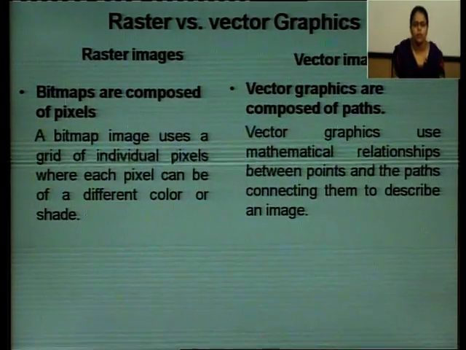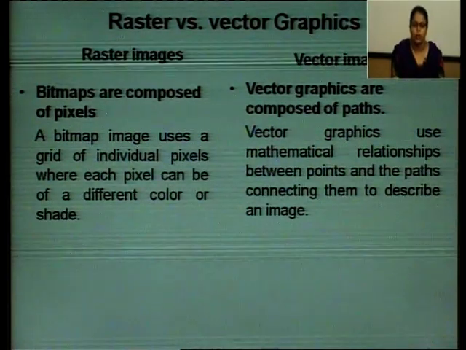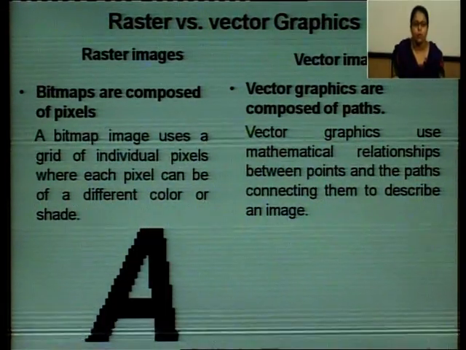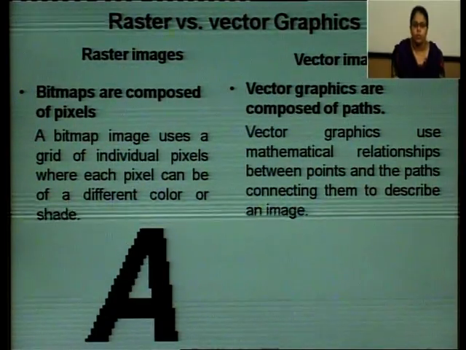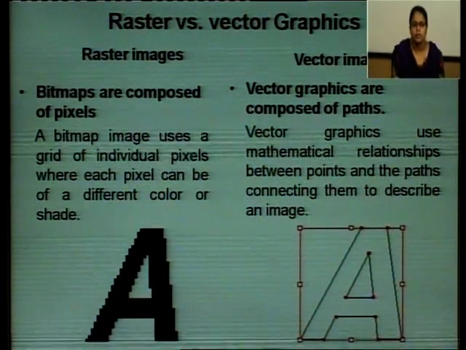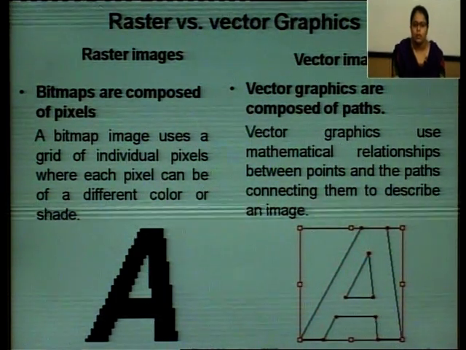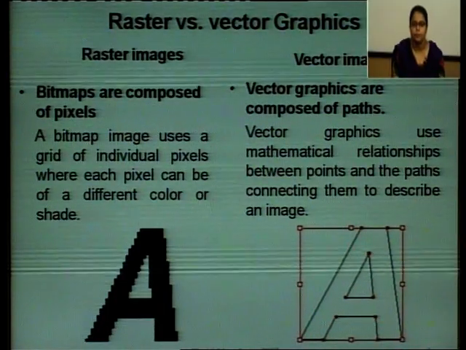They make use of geometric primitives such as points, lines, curves, shapes, polygons, etc. So this image shows an example of a raster image which is composed of a grid of individual pixels, and this image represents a vector graphic which is composed of paths, that is the points and lines which are connected to each other.